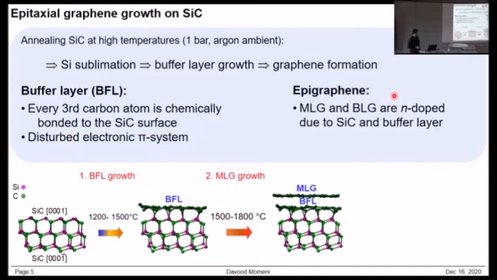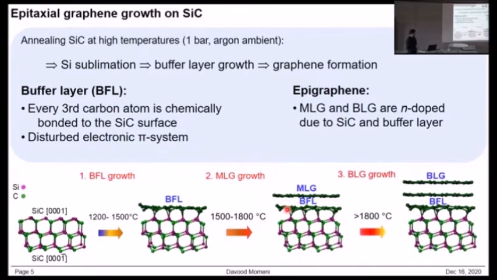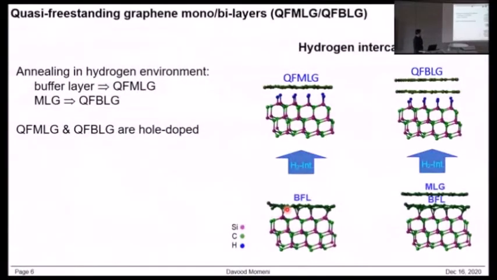So again, as you notice, when we are talking about epitaxial graphene, we are not talking about only a single layer graphene, but also a layer which is partially bonded to the substrate. You can even go further, anneal the sample at a higher temperature, and then you get epitaxial bilayer graphene. But epitaxial graphene has a much bigger family.